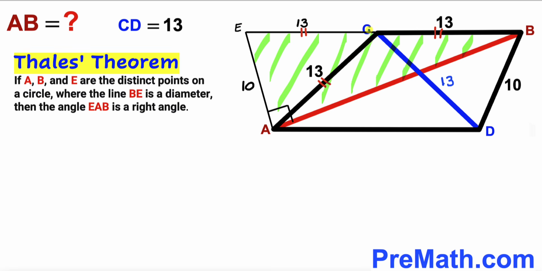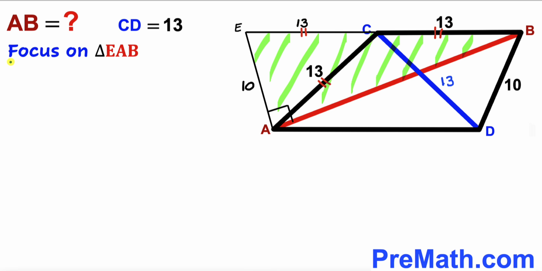As we can see, these points A, B, and E lie on the very same circle, and this line EB is the diameter. In other words, this EC is going to be our radius. Likewise, BC is going to be our radius as well. And finally, this AC is our radius as well. So therefore, we conclude that this triangle EAB is our right triangle. And moreover, this EB whole length is going to be 13 plus 13, which gives us 26 units.